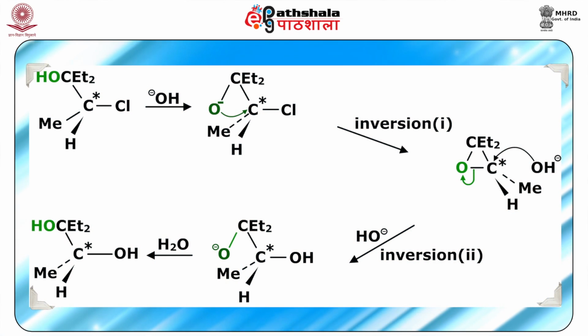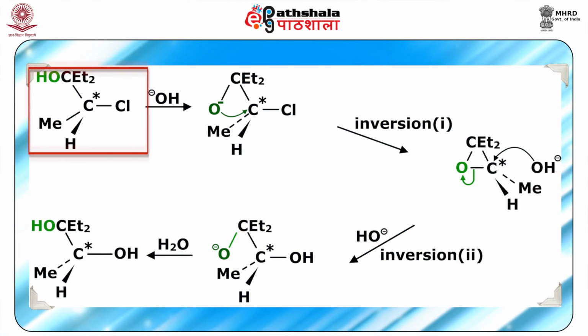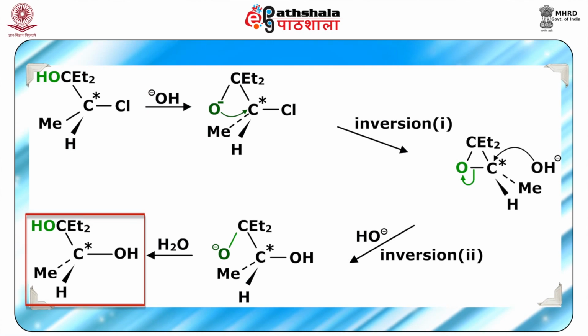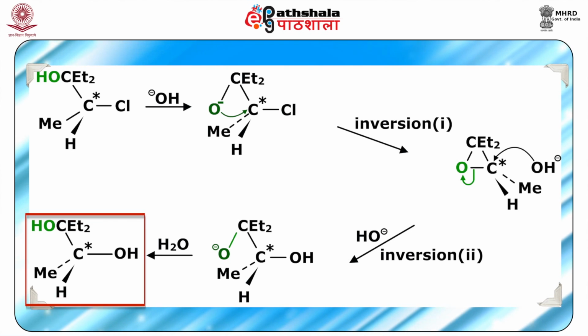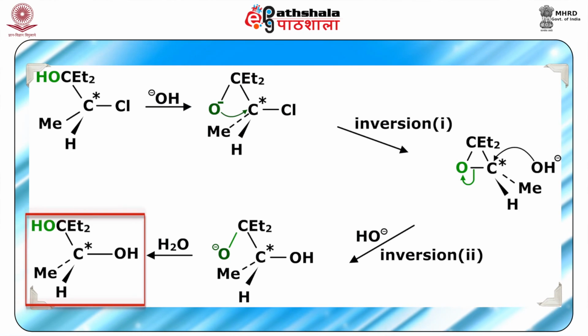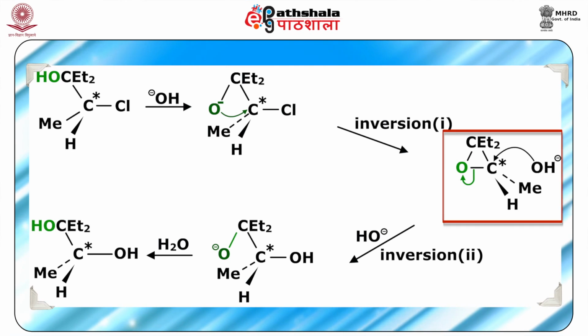The hydrolysis of 1,2-dichlorohydrin under alkaline condition was found to yield 1,2-diol with retention of configuration, although following SN2 mechanism. Here formation of a cyclic intermediate takes place as a result of anchimeric assistance, and you can see here.